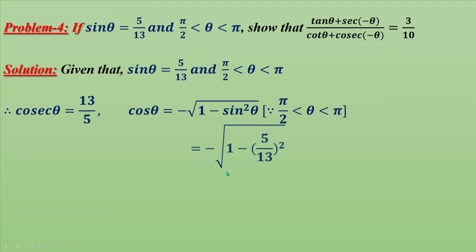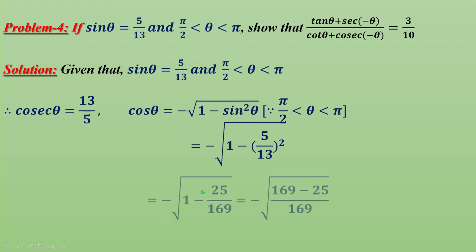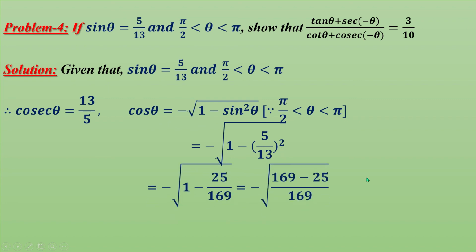Now calculate: sin theta is equal to 5 by 13, this whole square, this is equal to minus 12 by 13. Clear? And we have to find tan theta, sec theta, also cot theta.